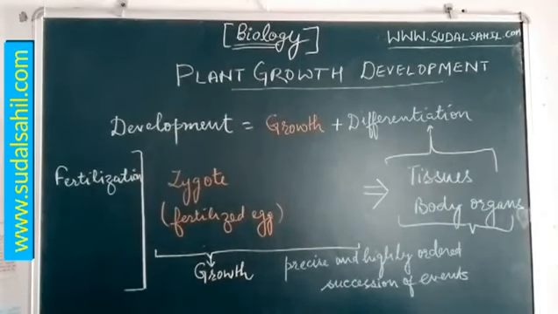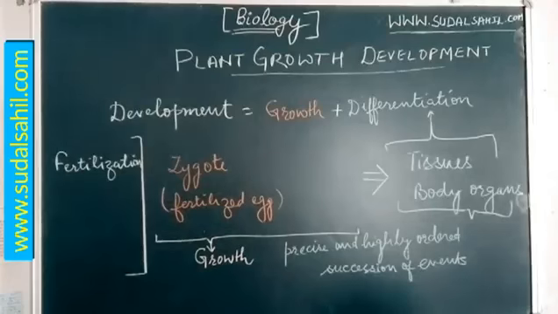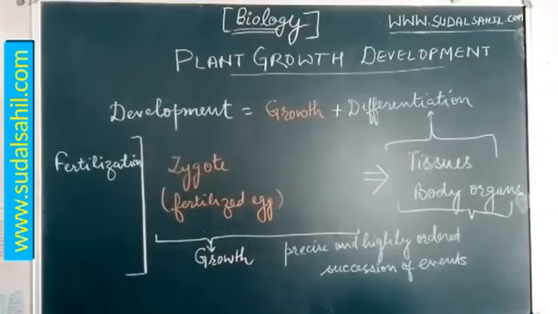And the phase of growth is very precise. Growth is a precise and highly ordered succession of events. So if growth is ordered and precise, then it generates different kinds of tissues and body organs which function differently from each other.